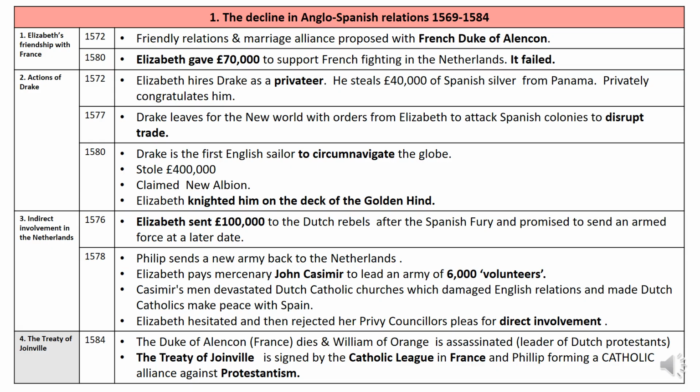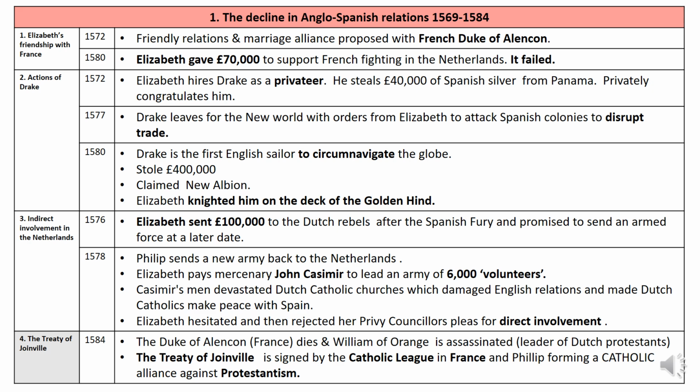So it's Elizabeth's worst nightmare: France and Spain agreeing peace and unity between Catholics across France and Spain versus the rest of European Protestantism. The reason this is a problem for Elizabeth is that, because William of Orange has died, she doesn't want to be the new target of the Catholics. She doesn't want to be the leader of the Protestants everywhere. So this does cause her some issues.